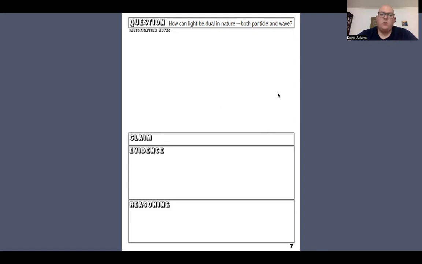What do you see? What is the pattern? This time it's not interference. It's just two bright bands right behind those slits. And you might label the bottom picture particle behavior and the top picture interference or wave behavior.